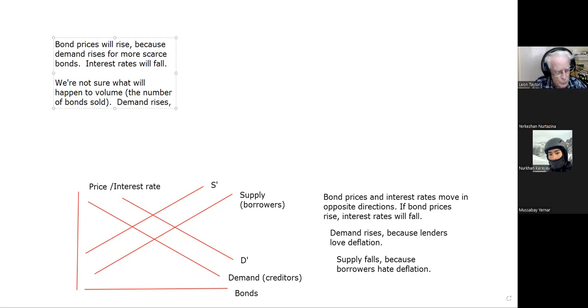Demand rises, it pushes up the number of bonds sold. The supply falls, it pushes down the number of bonds sold.